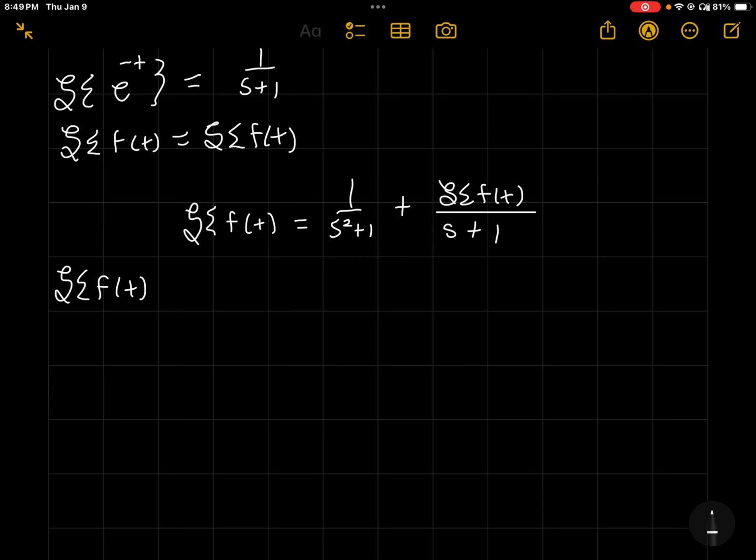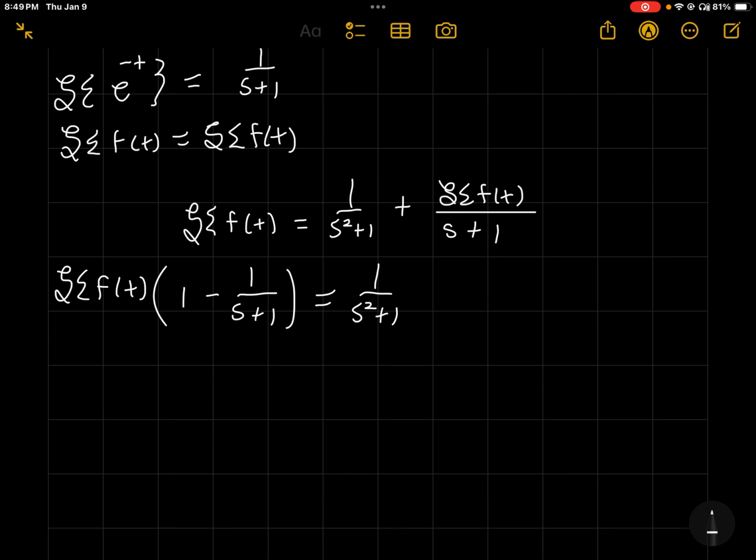And then I'm going to factor out the Laplace transformation of f of t, and what I'm going to get is 1 minus 1 over s plus 1 is equal to whatever we have left on the right side.